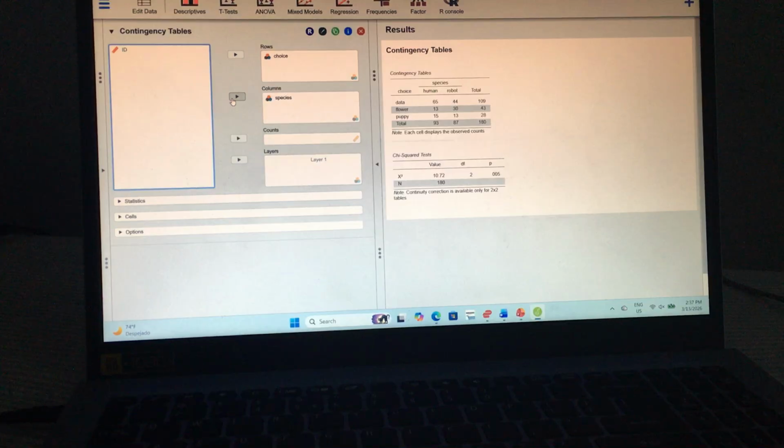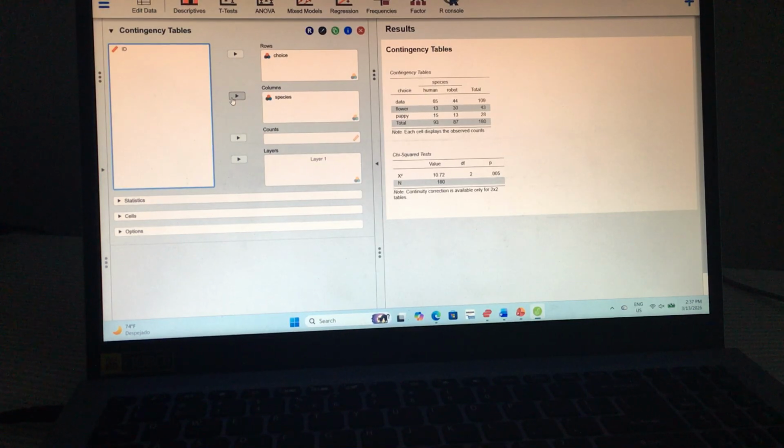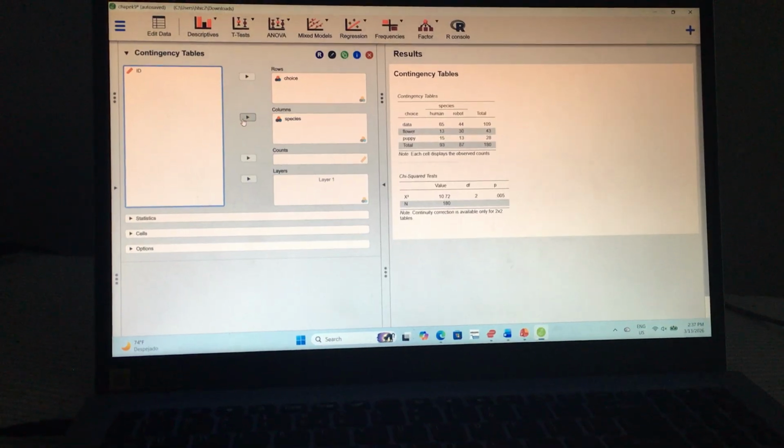So that looks good. From our figure, it is quite clear that the vast majority of the humans chose the data file, whereas the robots tended to be a lot more even in their preferences.